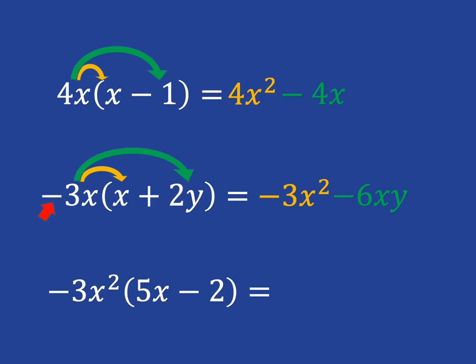And then something like this one, again take note of the negative, and first you will multiply negative 3x squared with 5x, so negative 3 times 5 is negative 15, and x squared times x is x cubed. And then you'll multiply negative 3x with negative 2. Negative times negative is positive, 3 times 2 is 6, and so you'll have plus 6x squared.